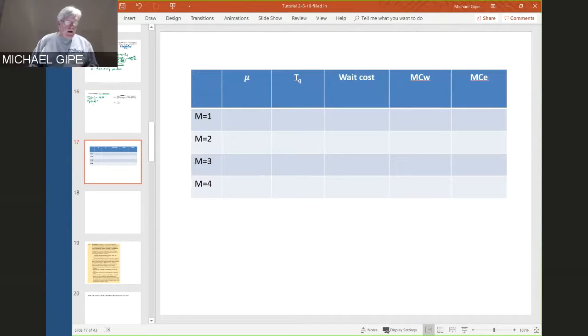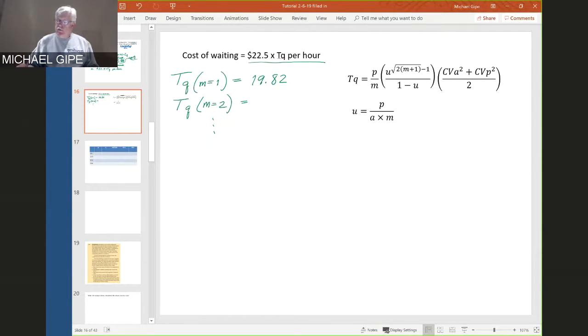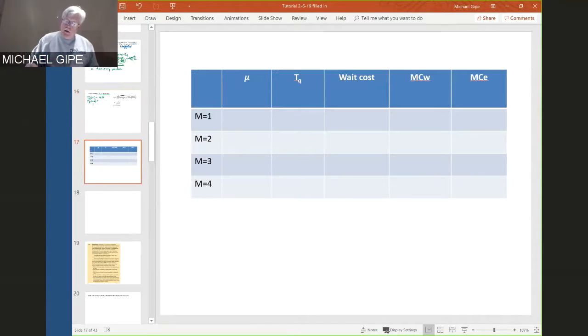Queue time. Well, let's go first. We have to calculate what the utilization is, and that's the second formula here. Utilization is processing time divided by inter-arrival time times the number of resources we have available. So I can calculate that for each of these levels of staffing.